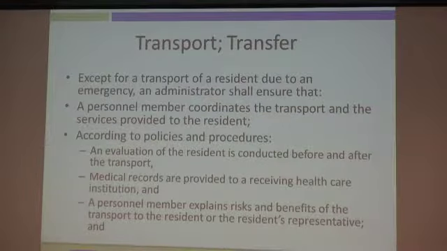All right, transport and transfer. This is basically regarding from one healthcare institute to another healthcare institute. I wanted to clarify that. Transport is taking them from one to another. So, except for in an emergency situation, a personnel staff member coordinates the transportation, and it's going to be according to the facility's policies and procedures.